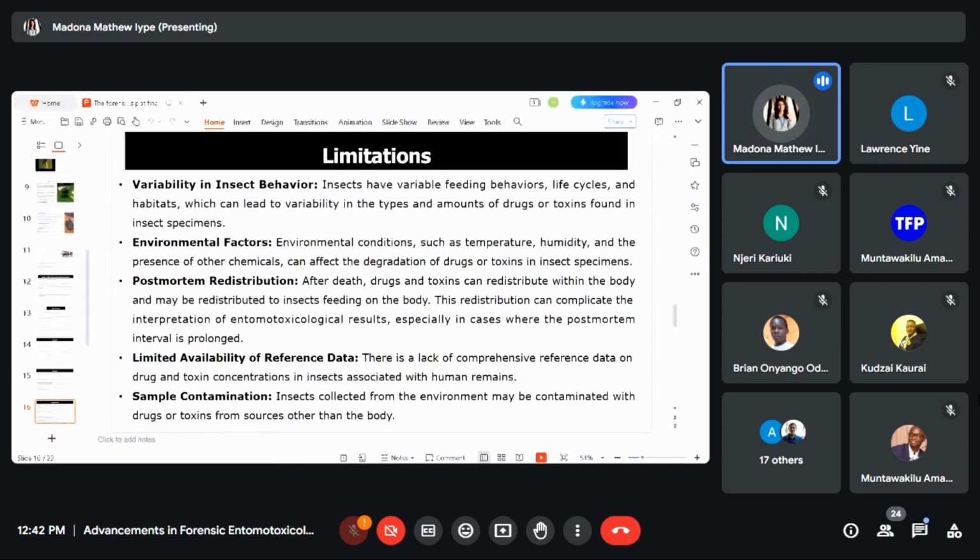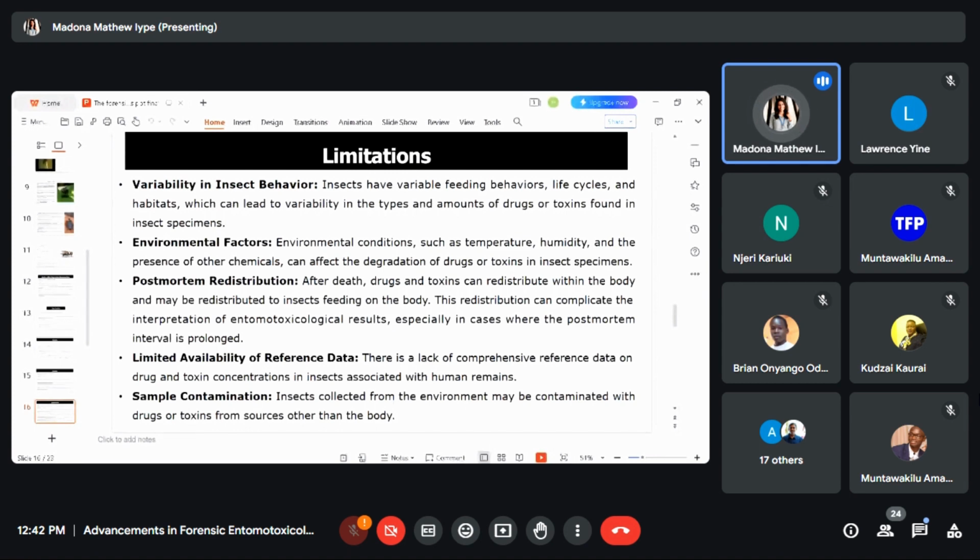Now, the limited availability of reference data, because the field is not that established, there are still very limited data and literature regarding forensic entomology only. So the condition of forensic entomotoxicology is slightly worse.